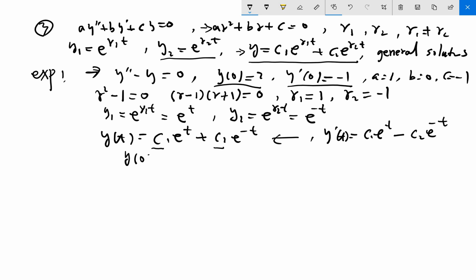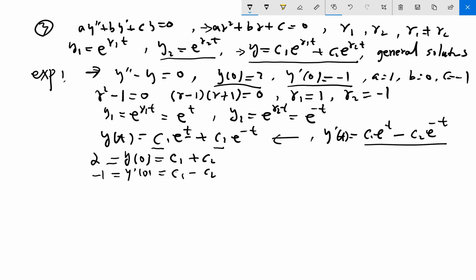So y(0) equal to 2. On the right-hand side, let t equal to 0. You get C1 e to the 0, which is 1, plus C2. On the other hand, we have y prime (0) equal to minus 1. From here, let t equal to 0, so you get C1 minus C2.